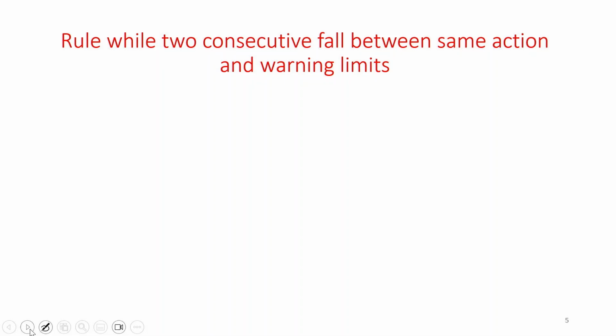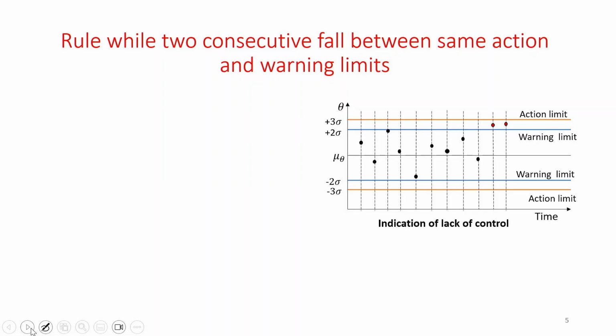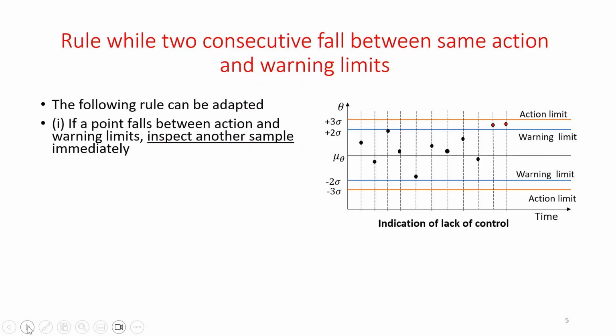Now the rule: when two consecutive points fall between the same action and warning limit, how do we go about it in this case? As I said, if a point falls between action and warning limit, this is the first point which has fallen.